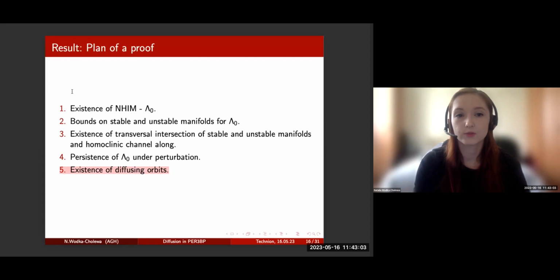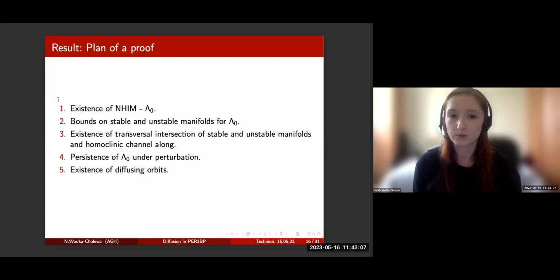But first, you have to prove some things. You have to prove the existence of this normally hyperbolic invariant manifold, lambda 0. So you have to prove that these Lyapunov orbits, in fact, exist. You have to find some bounds on the stable and unstable manifolds, so you know where they are. And of course, it's numerical, so it's bounds for them, not exactly where they are.